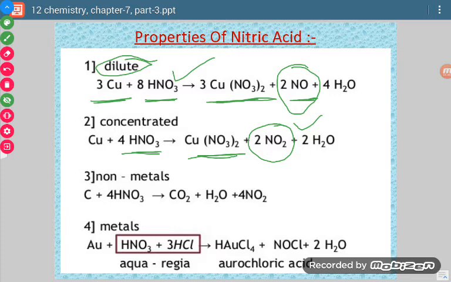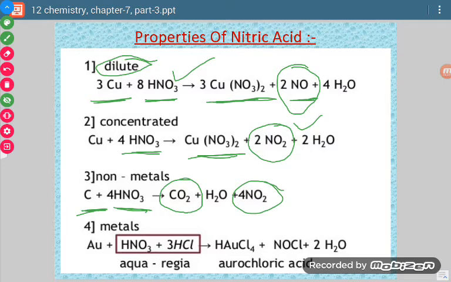Now similarly, nitric acid reacts with non-metals and metals as well. With non-metals, it will give carbon dioxide gas if it is reacting with carbon, and there will be formation of nitrogen dioxide.